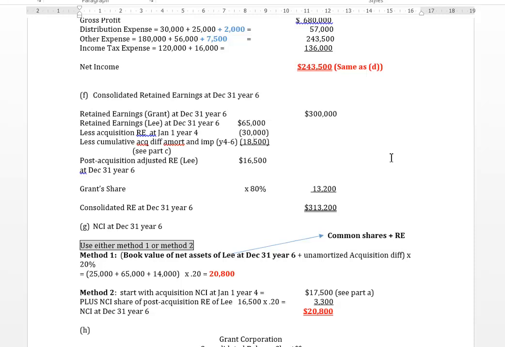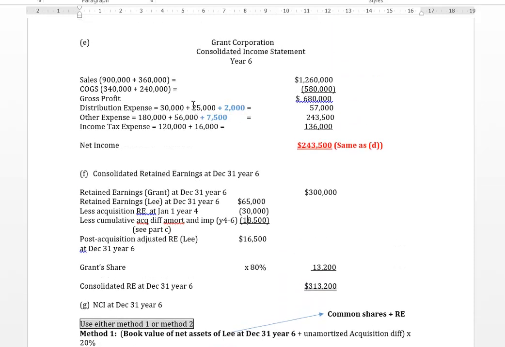You learned this in your very first accounting course. Well, it's the same on the consolidated books. Any of these amounts in any one year, year 4, year 5, and year 6 in our case, got closed out. On the income statement, they were included in income statement accounts. For example, here in year 6, they were included in distribution expense and other expense, right? Specifically, we just had 9,500 here, adjusting our calculation of consolidated net income for year 6.